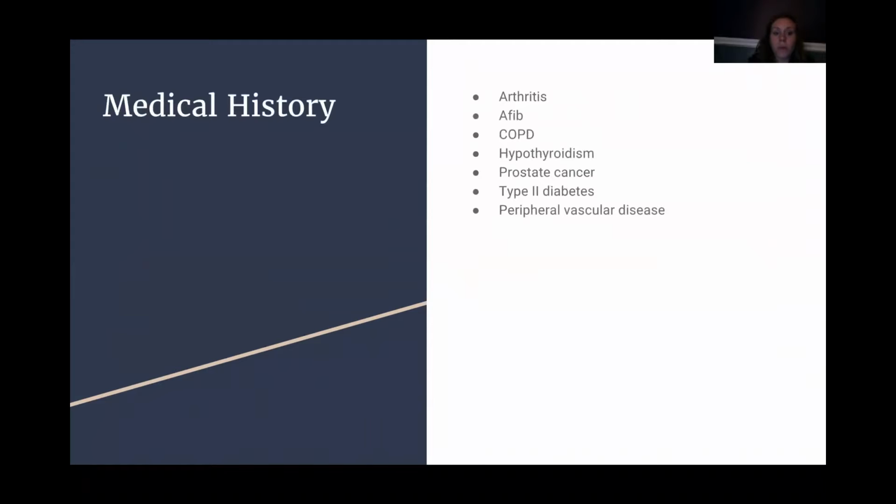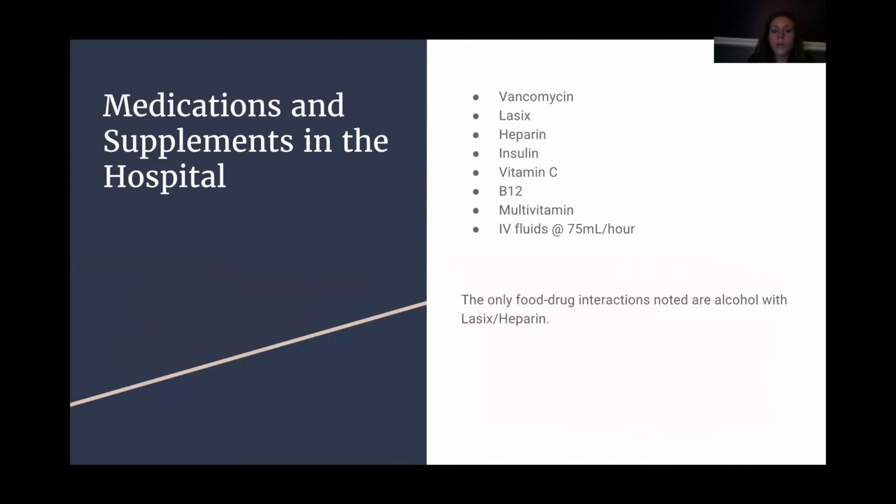So his medical history includes arthritis, AFib, COPD, hypothyroidism, prostate cancer, type 2 diabetes, and peripheral vascular disease. So medications and supplements he was put on in the hospital: vancomycin, which is an antibiotic that was used to treat his sepsis.